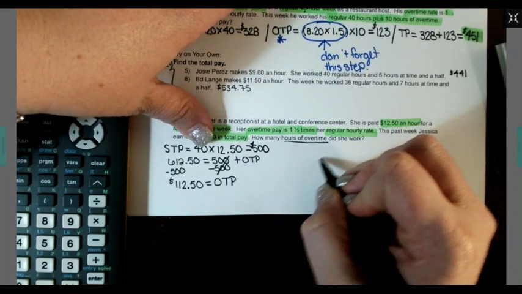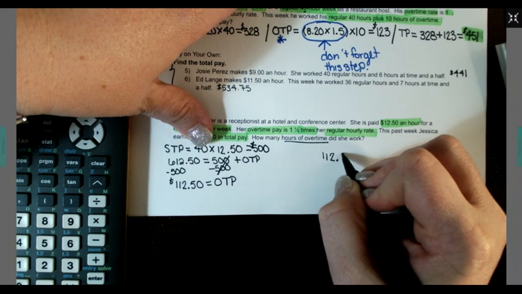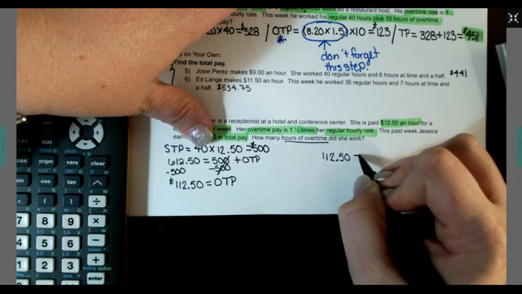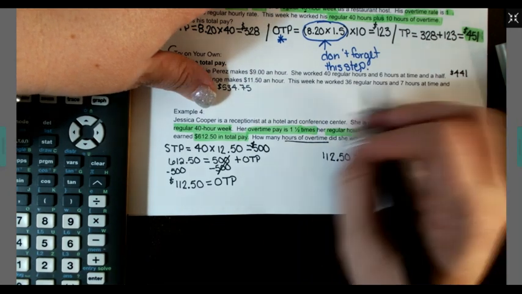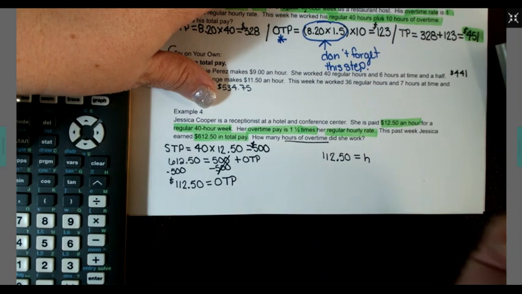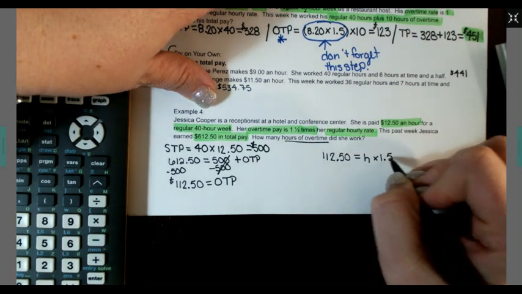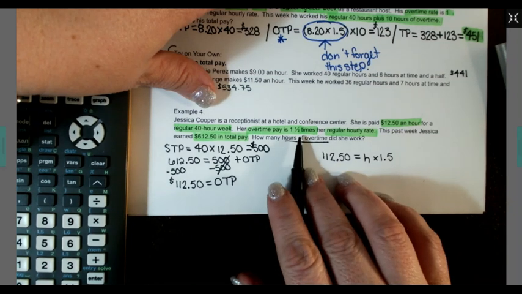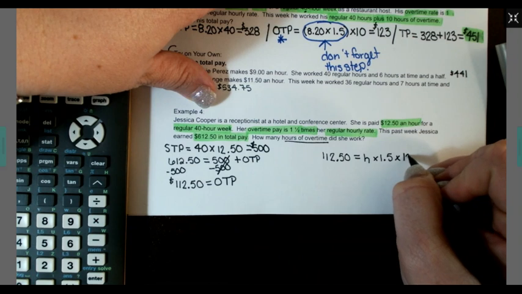We got to set up 112.50 equals, H hours of overtime, we don't know how many yet, times 1.5, because that was the type of overtime she received, and her regular pay is $12.50.